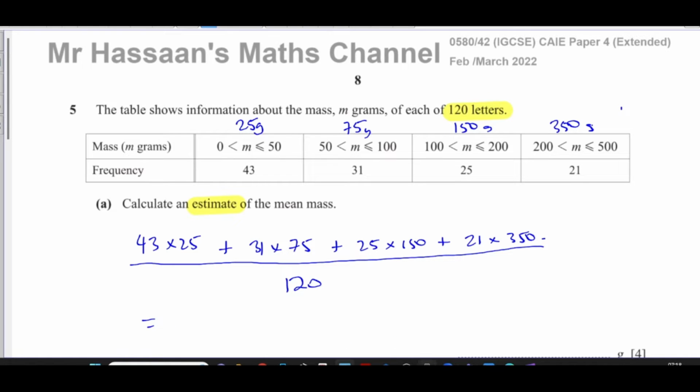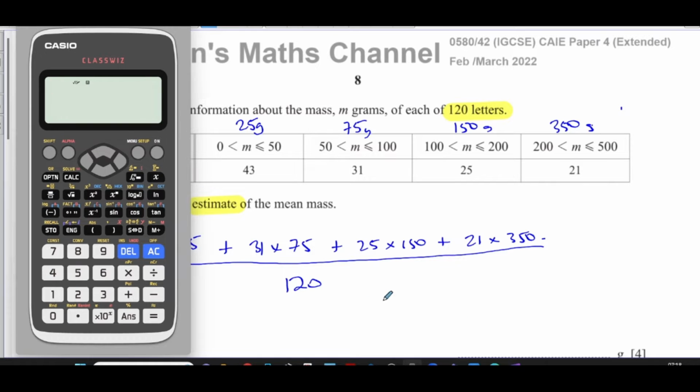Now we have to be very careful when we put these numbers in our calculator, because it's very easy to make a mistake here. Let me put it in one big fraction. So you have 43 times 25, so be careful you don't press the wrong button, plus 31 times 75, plus 25 times 150, plus 21 times 350, and all of that divided by the total number, which is 120 letters.